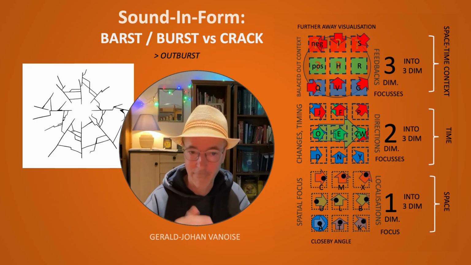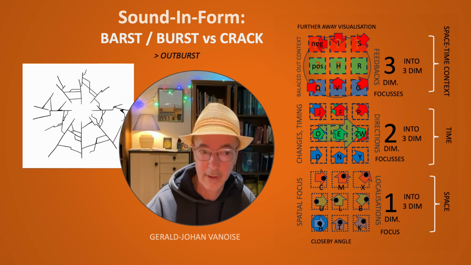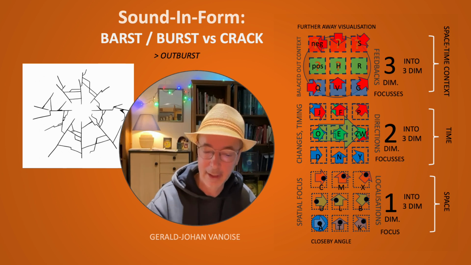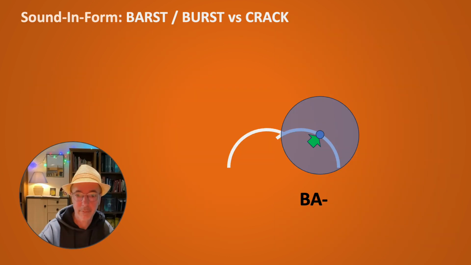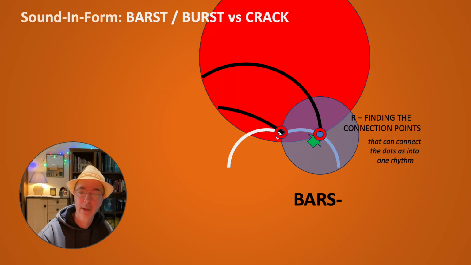The letters have a certain coordinating reference that is used in naming the objects. The B, as we had multiple times before, is the breaking open of a form, followed by the A, which will focus on what is happening there.